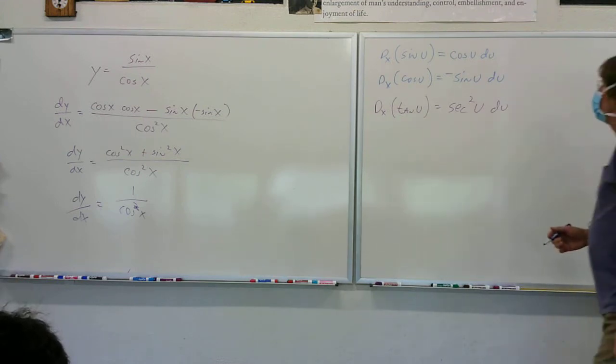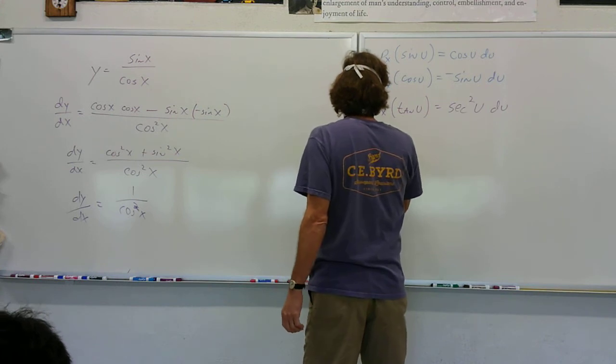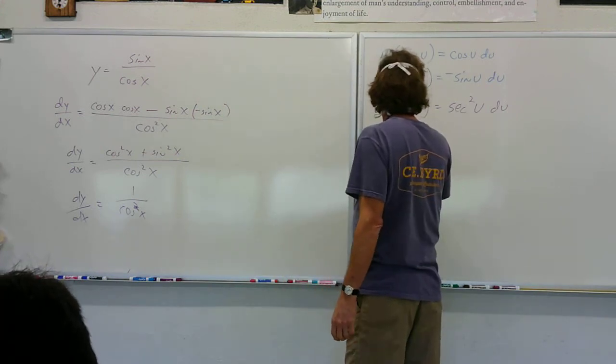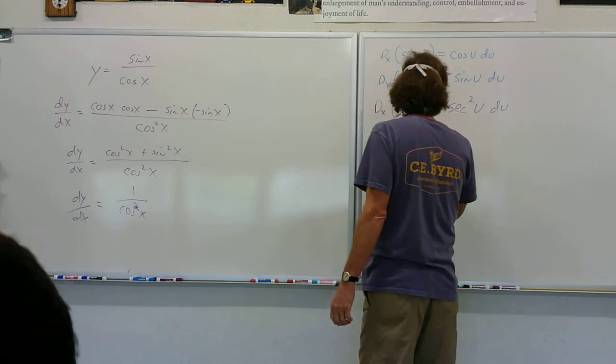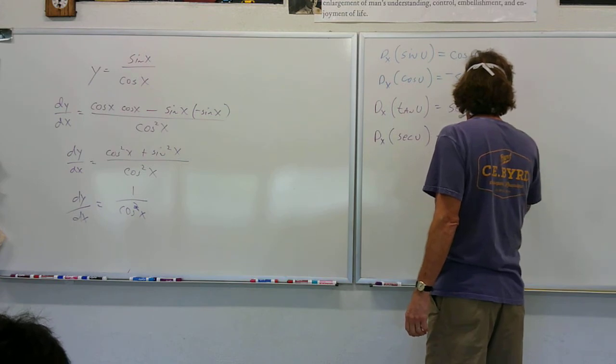Well, let's keep going. The derivative of secant u is equal to secant u tangent u du.